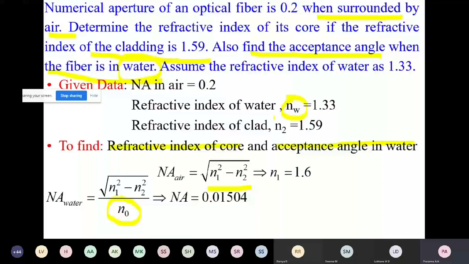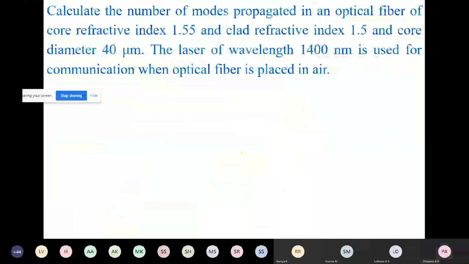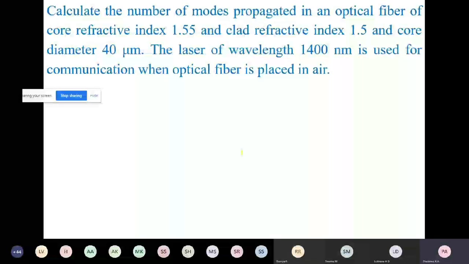Therefore, nw should be taken as 1.33 in the place of n0. So you will get this numerical aperture value, and you can calculate theta naught as we did in the previous problems.